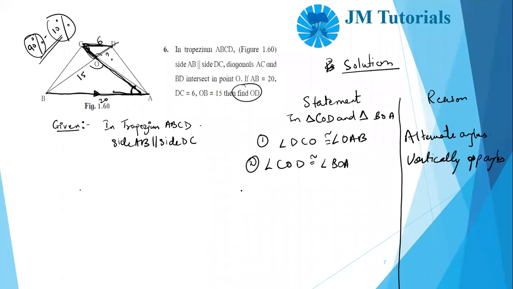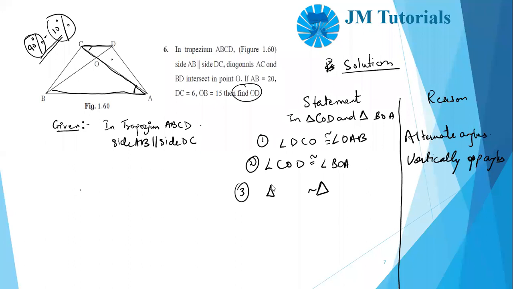Third step. This C will go with A, because they are alternate angles.